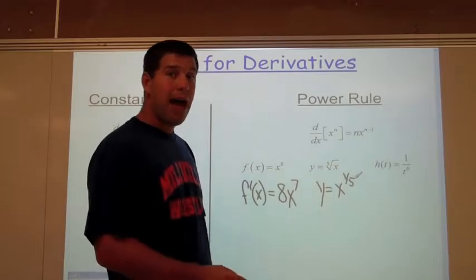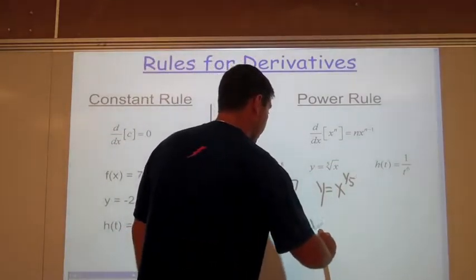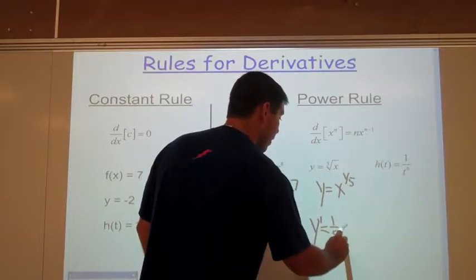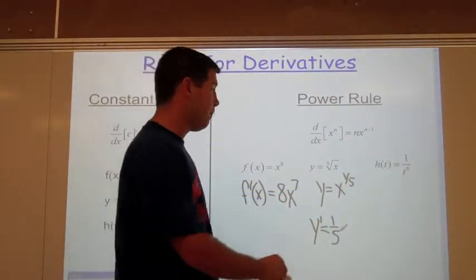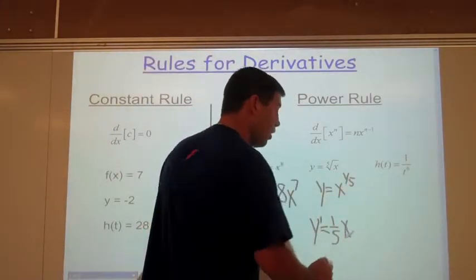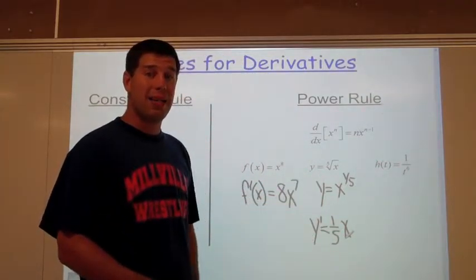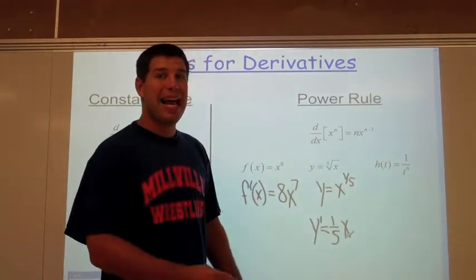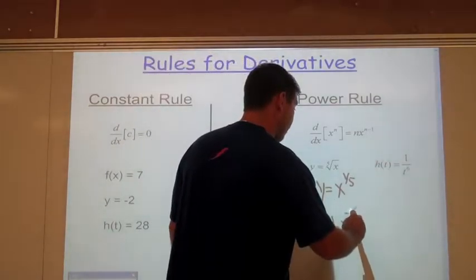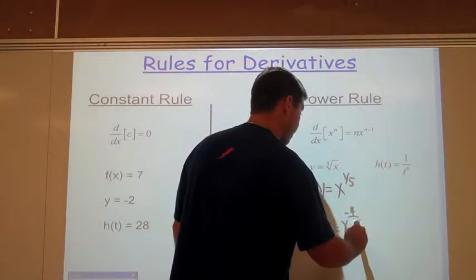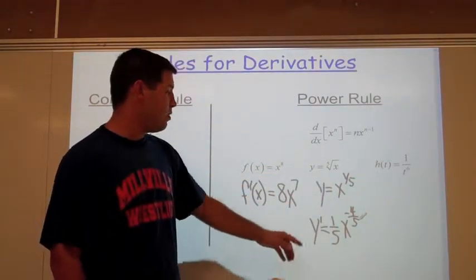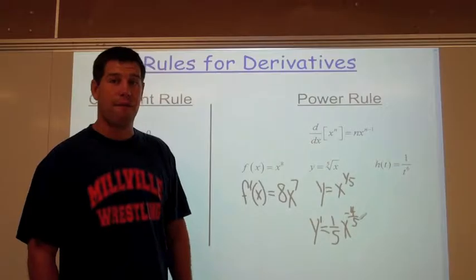Now, to derive that, you apply the same power rule. Y prime equals 1/5, that power comes down, times x to a new power, 1 less than the old power. So 1/5 minus 1 ends up being -4/5. So the derivative of the 5th root of x is 1/5 x to the -4/5.